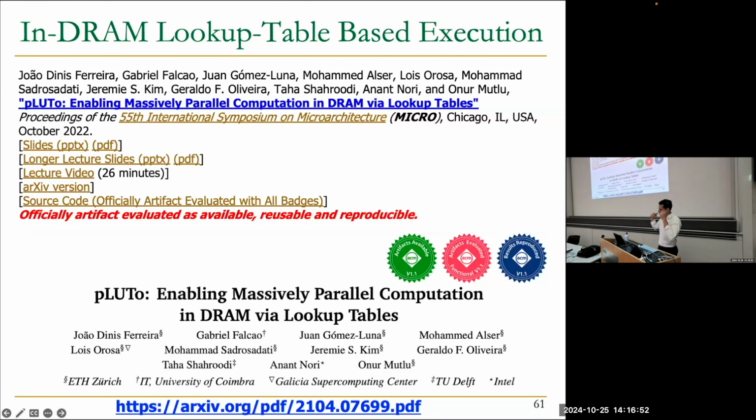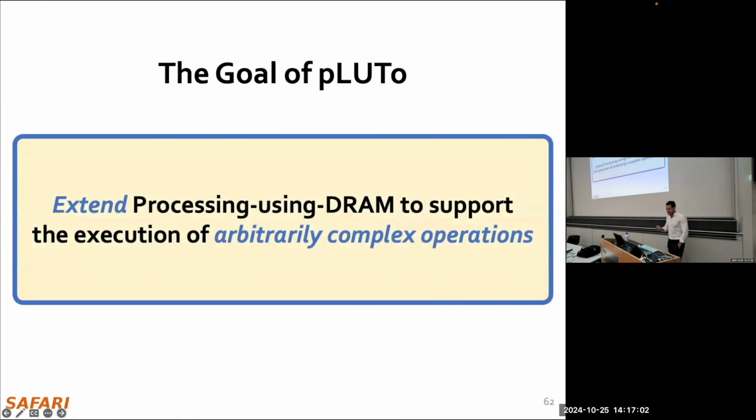So the goal of this Pluto paper is to close this gap. Here we want to further extend the capabilities of processing using DRAM so that we can do complex operations, in particular those that are required for transcendental functions.